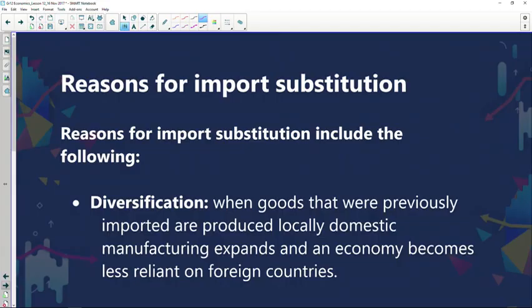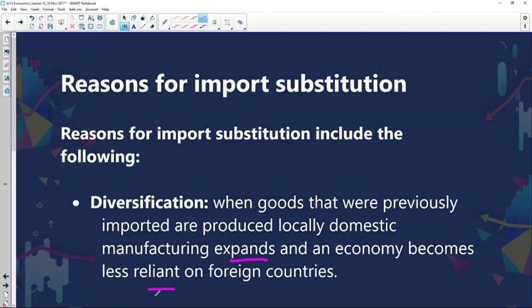So what are the reasons for import substitution? Reasons for import substitution include the following: diversification. When goods that were previously imported are produced locally, domestic manufacturing expands and an economy becomes less reliant on foreign countries. Okay, so it is a good thing.